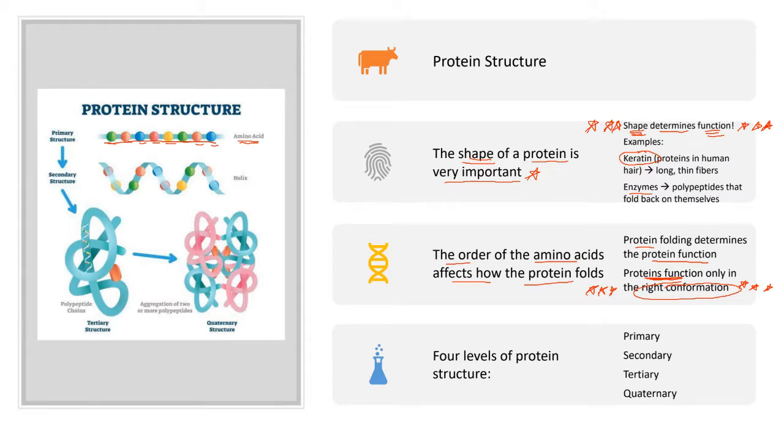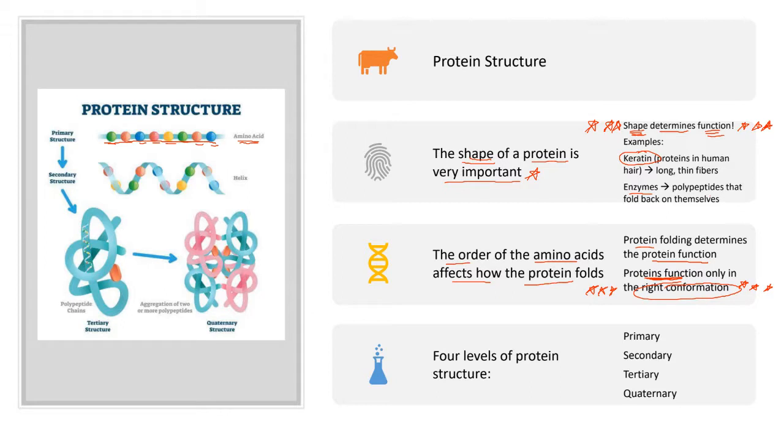And again, the reason why the order of amino acids is going to affect the way the protein folds has to do with the properties of the amino acids. Some of them are going to be hydrophobic, some hydrophilic, some are going to be polarized, either positive or negative charge, and that's how the whole protein is going to be able to fold the right way to meet its function.